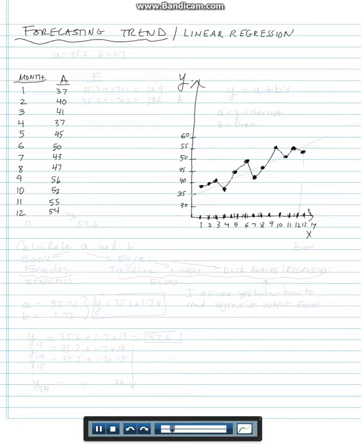For example, in this time series, if we plot it, and this plot is by hand, so it's not as good as plotting it in Excel, for example, we notice that the sales or the actual demand is going up. Visually, we do notice that it's going up.